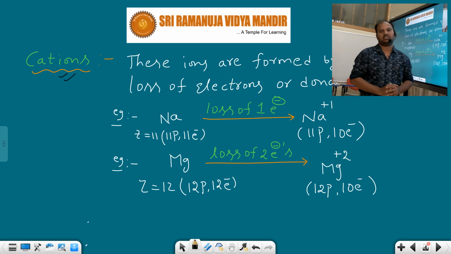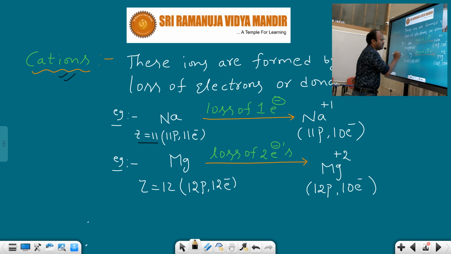Suppose you take sodium. Sodium atomic number, how much, Rana? 11. So when the atomic number is 11, there are an equal number of protons and electrons: 11 protons and 11 electrons. Sodium is a metal.